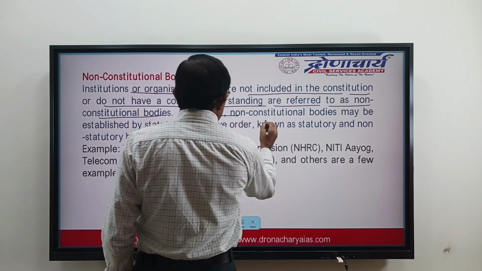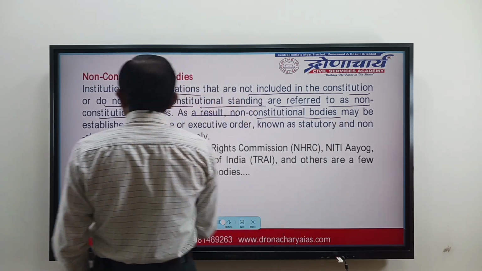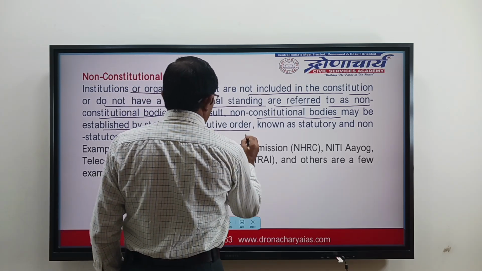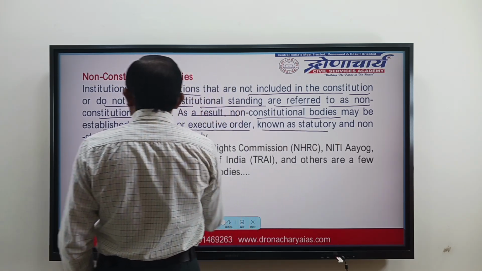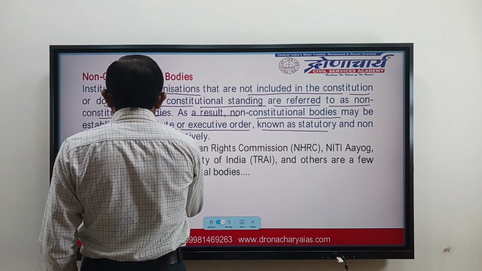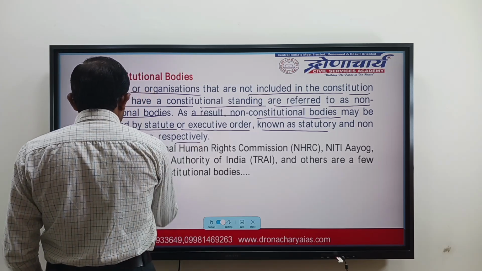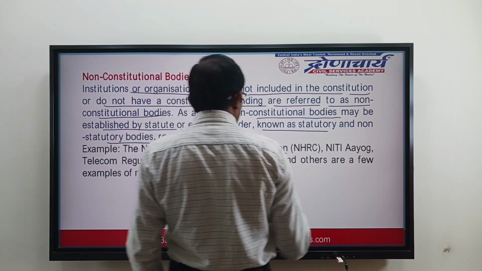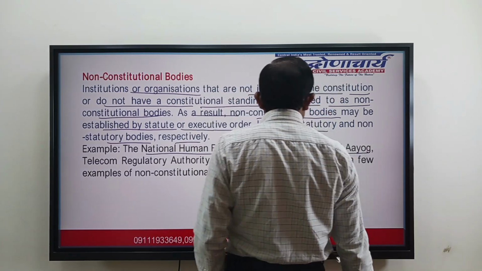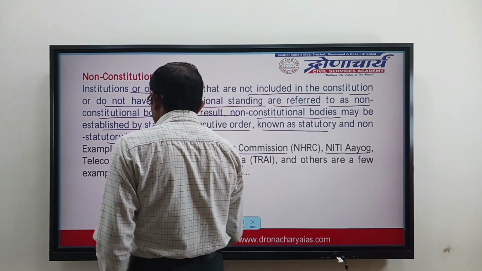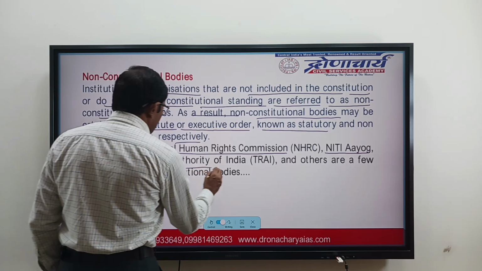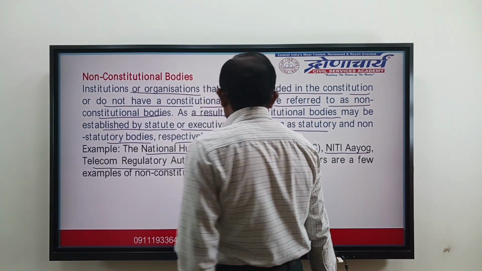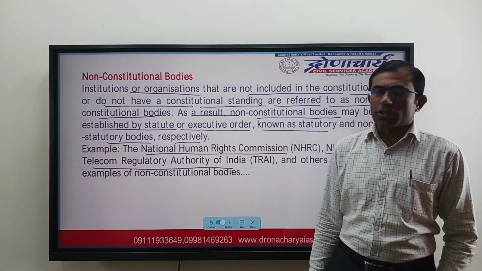As a result, non-constitutional bodies may be established by statute or executive order, known as statutory and non-statutory bodies respectively. For example, the National Human Rights Commission, NHRC, NITI Aayog, National Institution for Transforming India, Telecom Regulatory Authority of India, TRAI, and others are a few examples of non-constitutional bodies.